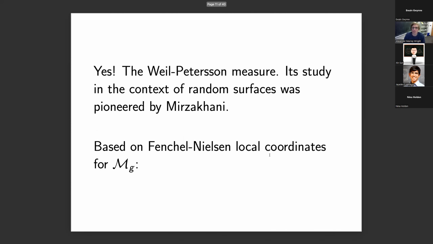And there is a stunningly beautiful measure. So the answer is yes, and there's a measure that satisfies far more properties than you even have the right to ever hope for. And it's called the Weil-Petersson measure. This is a finite measure, fully supported on the whole moduli space of genus G Riemann surfaces.